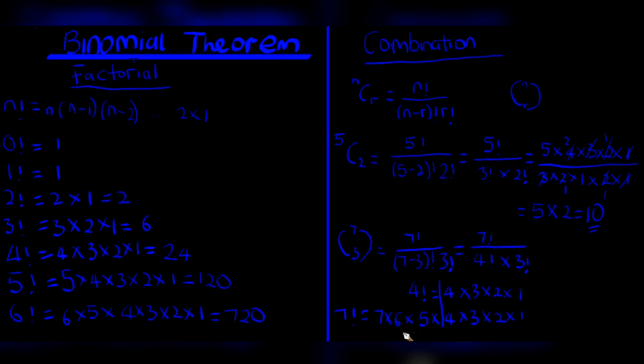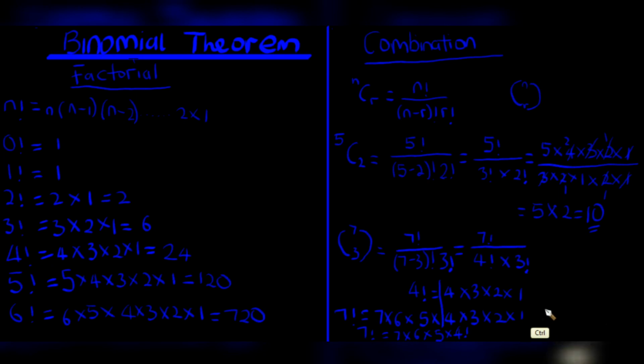So I can choose to write 7 factorial as 7 times 6 times 5 times 4 factorial. Instead of writing 4 times 3 times 2 times 1, I can simply write 4 factorial there in opening up 7 factorial, right? Very true.